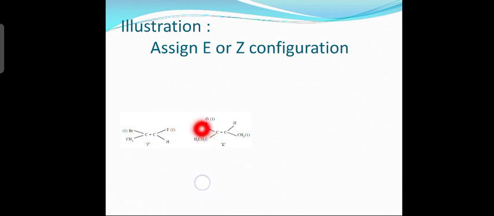Now when you compare this carbon atom with the hydrogen atom, the highest priority goes to the carbon atom, priority 1. On the other side you have the carbon of the methyl group, here also priority 1. Now the two priority 1 groups are opposite to each other, opposite across the carbon double bond, so it is entgegen, that means the E configuration.